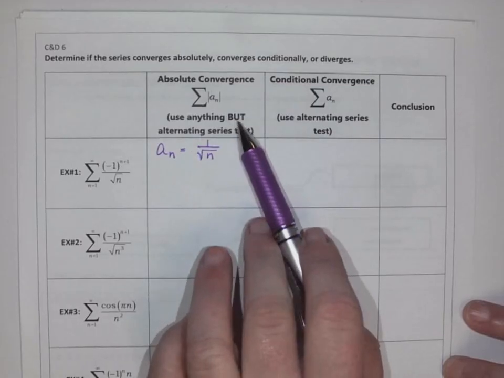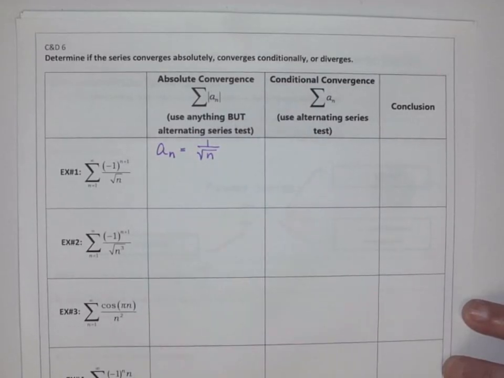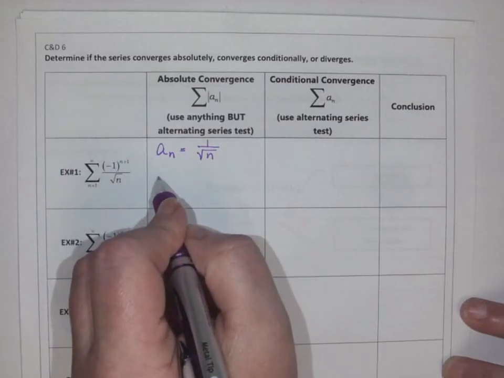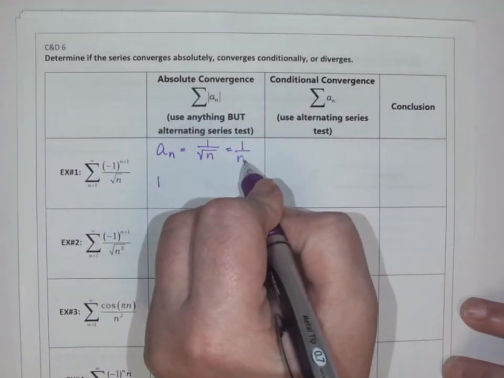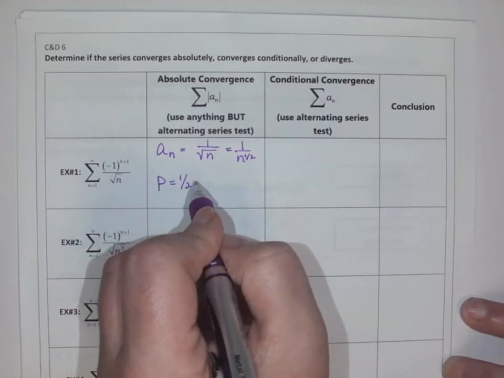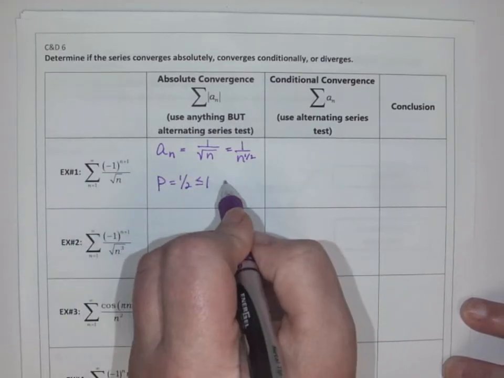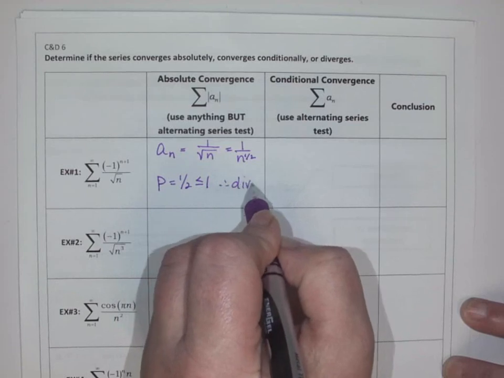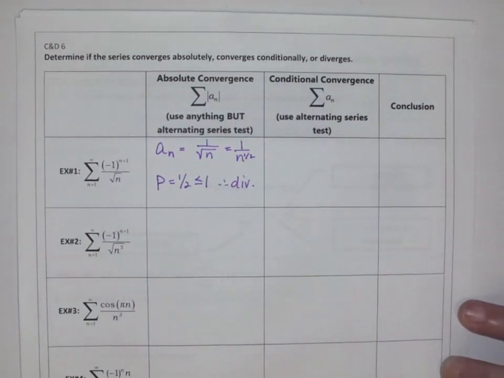I can use any test but the alternating series test. This is a p-series, like 1 over n to the 1/2. So our p-value is 1/2, which is less than or equal to 1, so we diverge. That means it does not have absolute convergence; we couldn't get it to converge without the alternating piece.